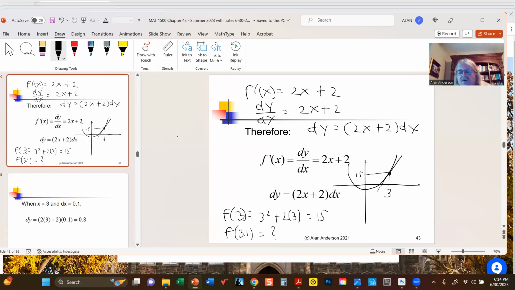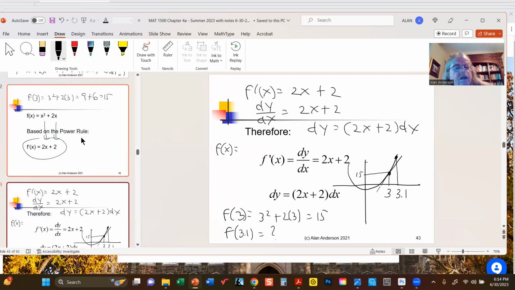So in other words, we're actually going to be here somewhere. We can find the actual value by plugging 3.1 into this expression. Remember, the original function was x squared plus 2x.